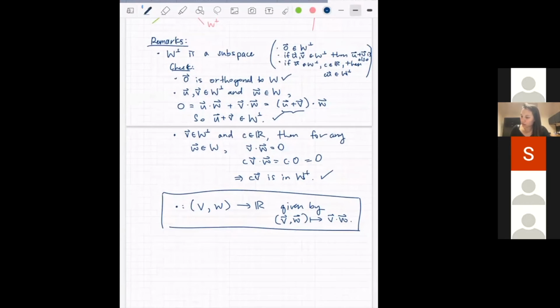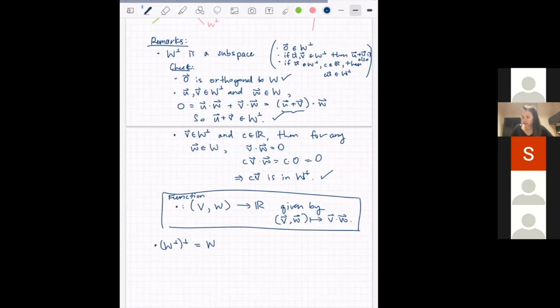Let's see. So we have that W perp is a subspace. We also get that W perp perp is just W again, right? Okay, so this is just a function, basically defined using the dot product.